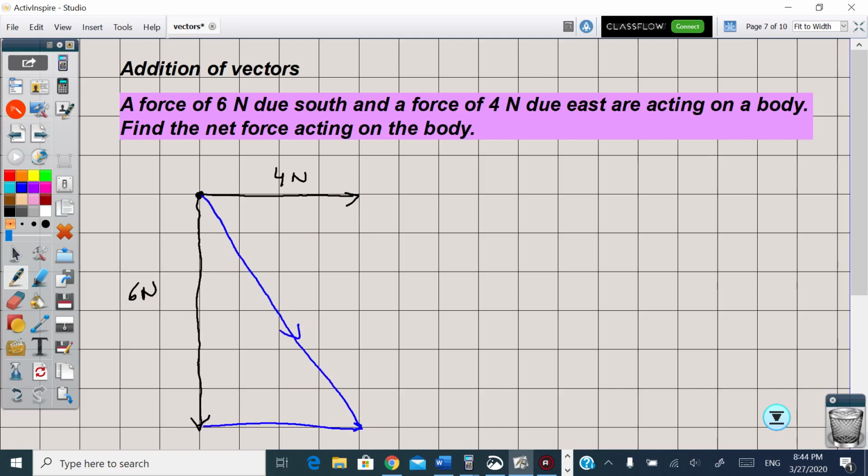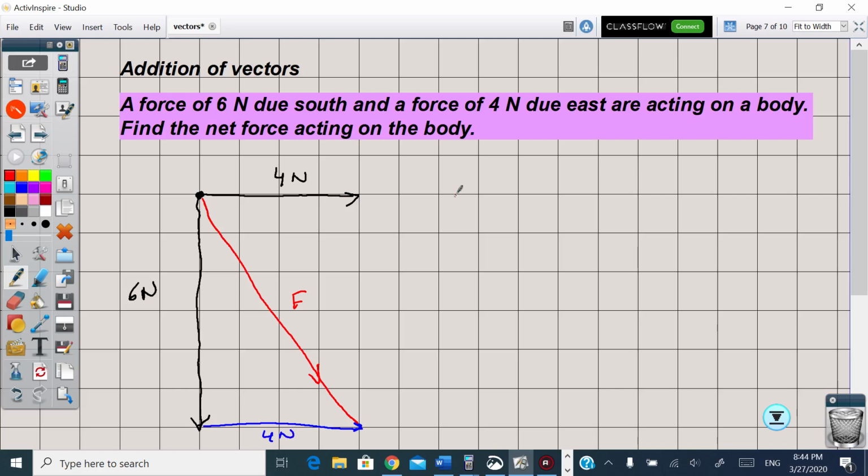So this will be the net force. Let's color it in red. Let's call this F. This will obviously be 4 newtons as well.